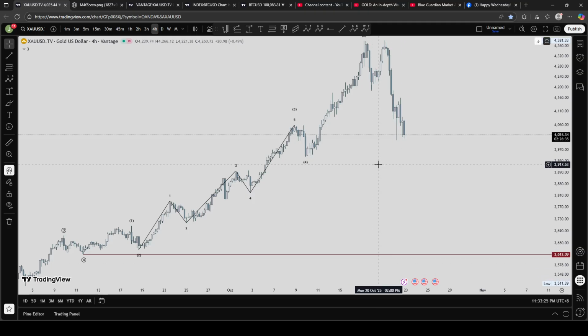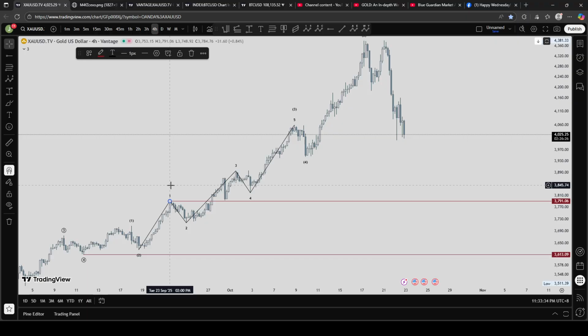And let's see if wave 4 did retrace into the territory of wave 1. The peak of wave 1 is here and our wave 4 is here. Therefore, we have satisfied the three cardinal rules of Elliott wave theory. First rule, wave 2 should not go beyond the origin of wave 1, or wave 0. Check for that.